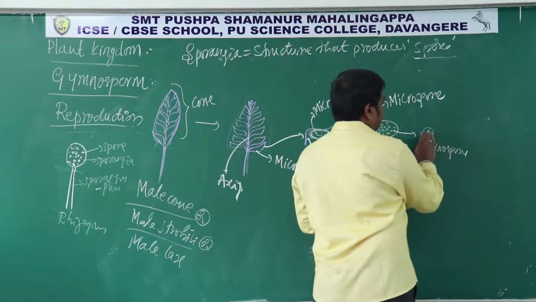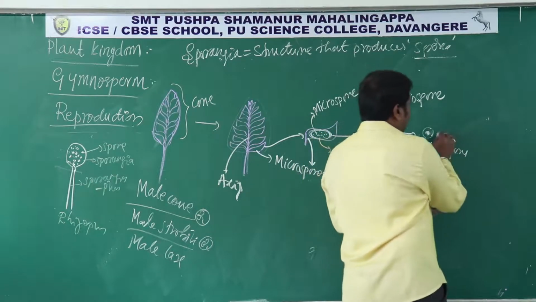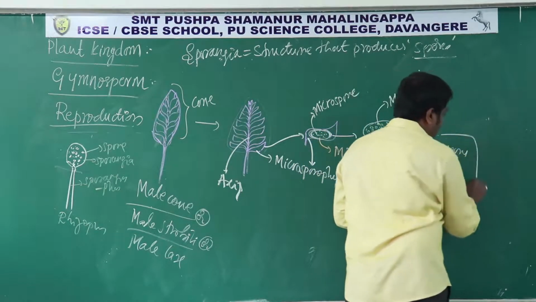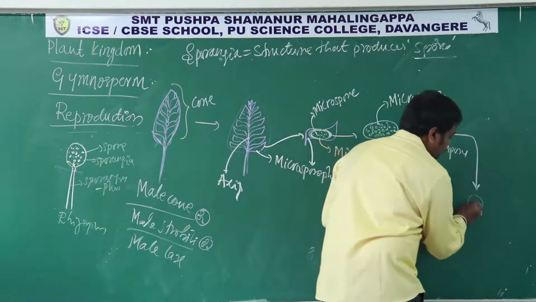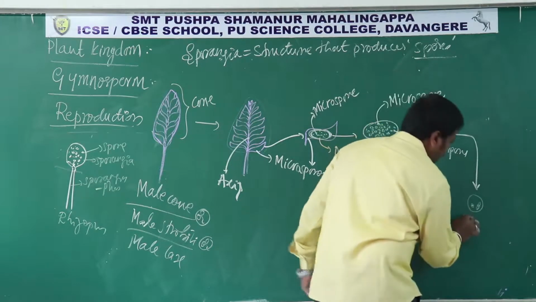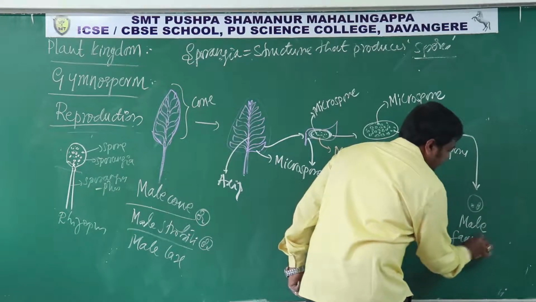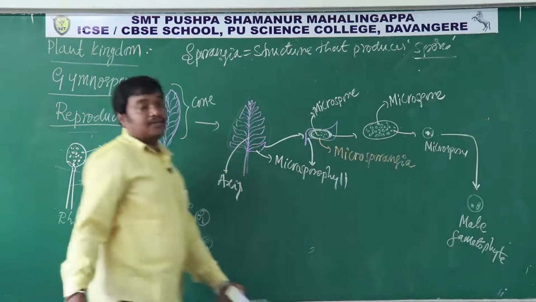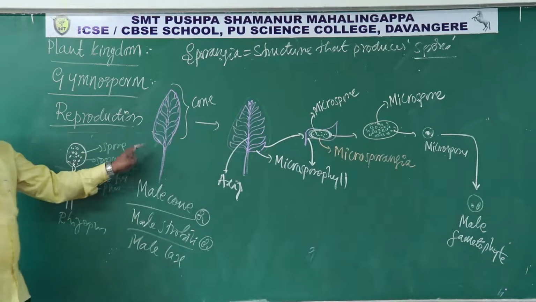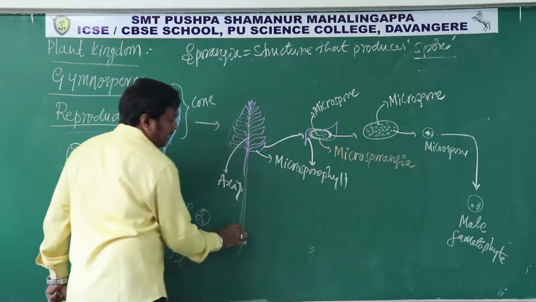So let me write single microspore. This microspore later develops into the male gametophyte. It is produced on the main plant itself.